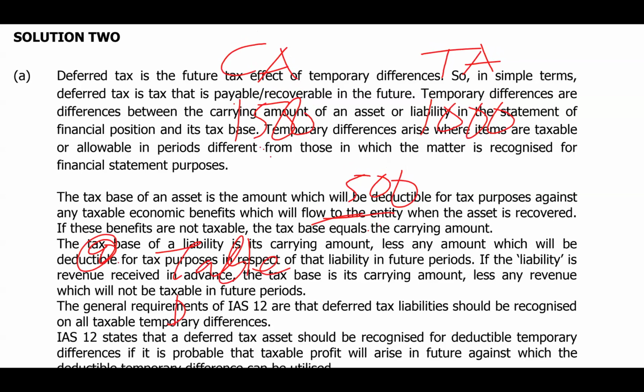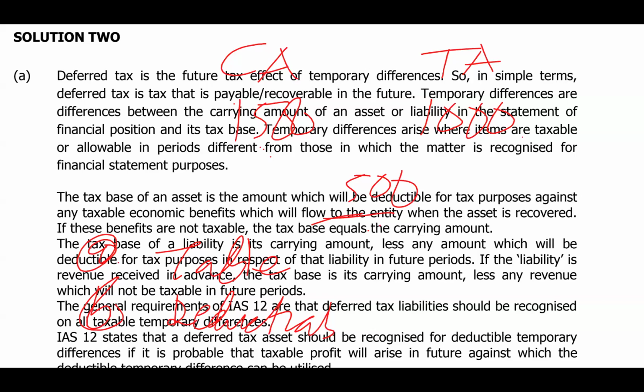Why do we say it's temporary? It's not a fixed amount, because after some future time we may prove to the tax authority that our asset, which they valued at 1,000, is actually worth 1,500.